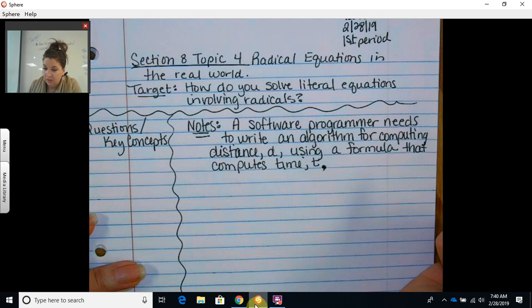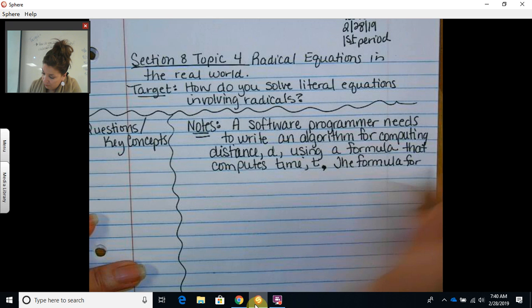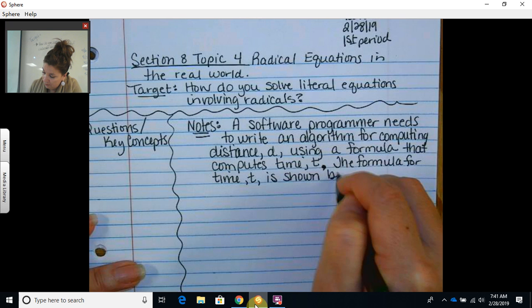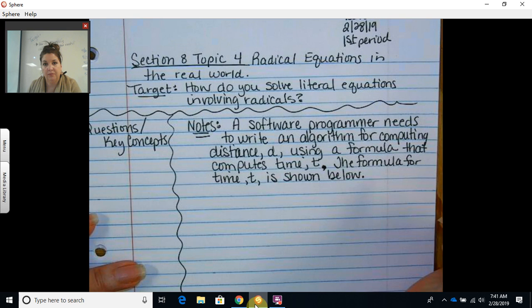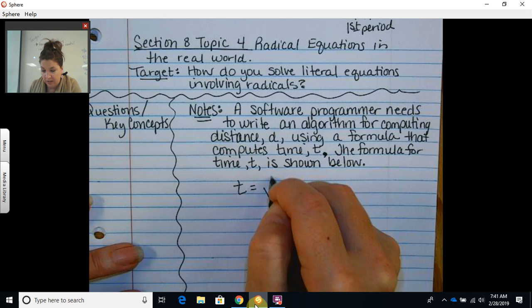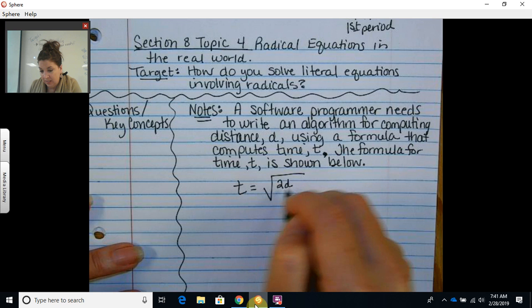The formula for time t is shown below. And the formula is t equals the square root of 2d quantity divided by a.